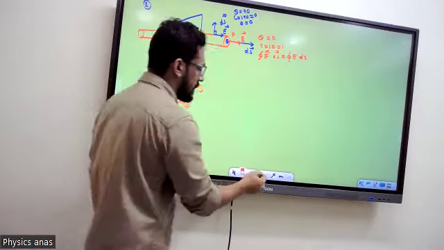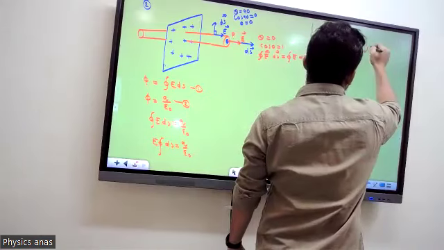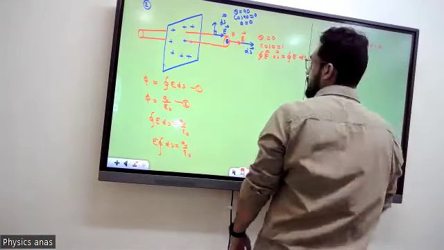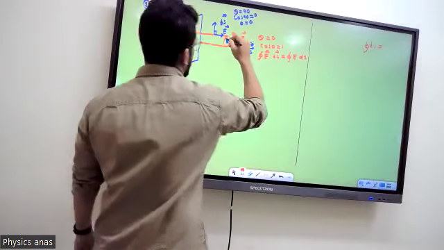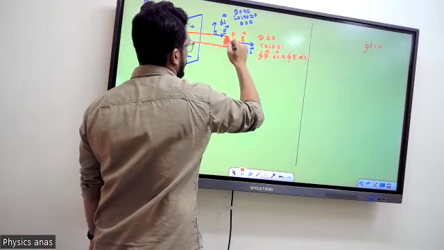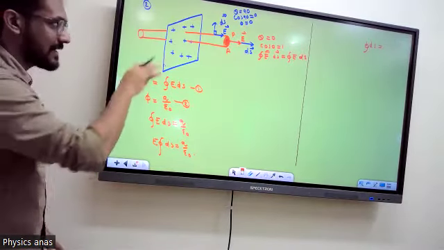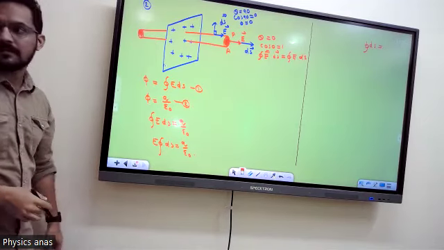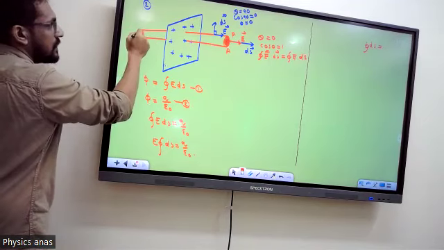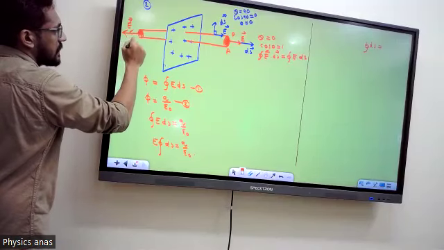And what is integral ds? Integral ds is a small area here, so if you are integrating it, you will get the whole area. That's A. But there is flux through this part also. This is the electric field and this is ds.